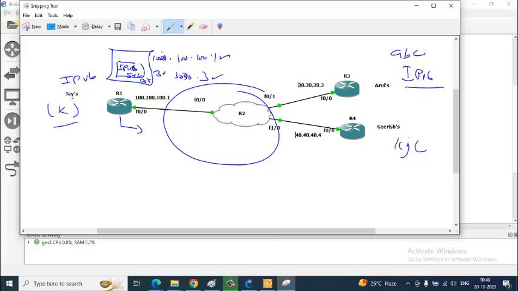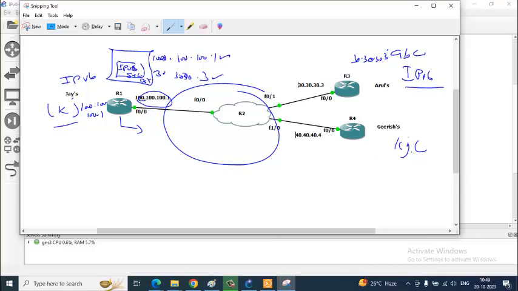To answer this challenge, what they did is, this KJL will be embedded with this address: KJL 100.100.100.1. And then this ABC will be embedded with 30.30.30.3.